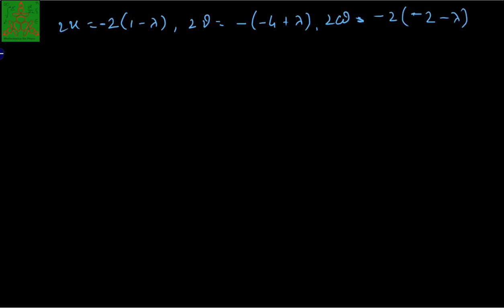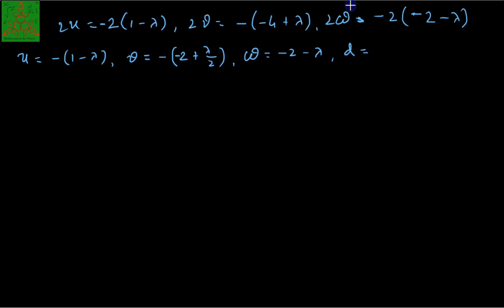This will give you u equal to minus of 1 minus lambda, v will be minus of minus 2 plus lambda by 2, w will be minus 2 minus lambda, and d is minus 16 minus 12 lambda.